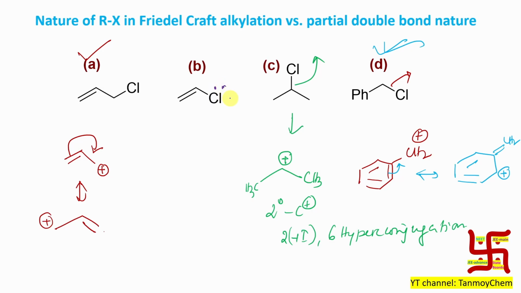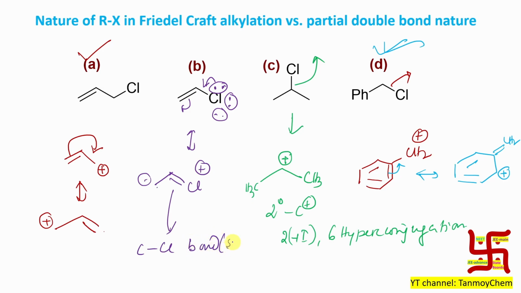Because this chlorine has 3 lone pairs. We know halogen, group 17 element. So it can do this resonance. Consequently, it can have a partial double bond character here. You can understand. Because of this partial double bond character, you can say the C-Cl bond is stronger. Stronger means difficult to break. Obviously, with partial double bond character, you can say it is also relatively more stable.